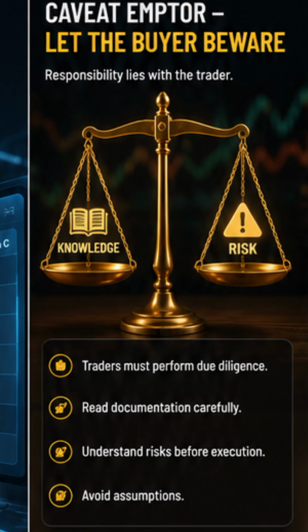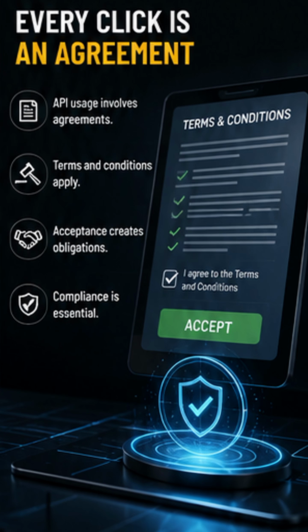Traders need to note that trading stocks is governed by the principle of caveat emptor, that is, let the buyer beware. A trader is presumed to have read and understood the API documentation related information before trading in stocks or derivatives.